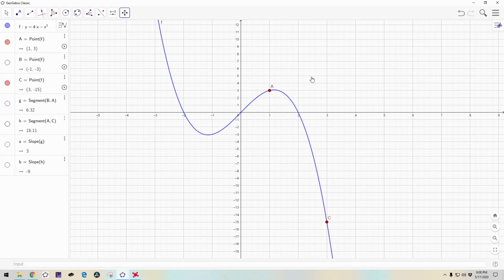Okay. So these are the other 2 points that we did on the interval from 1 to 3. So of course at 1 it's at y value of 3, and at 3, just as we calculated before, it's at negative 15. And so we are finding the slope of this segment here. The average rate of change is the slope of this line, which, as you can see, is a negative 9 as we calculated.